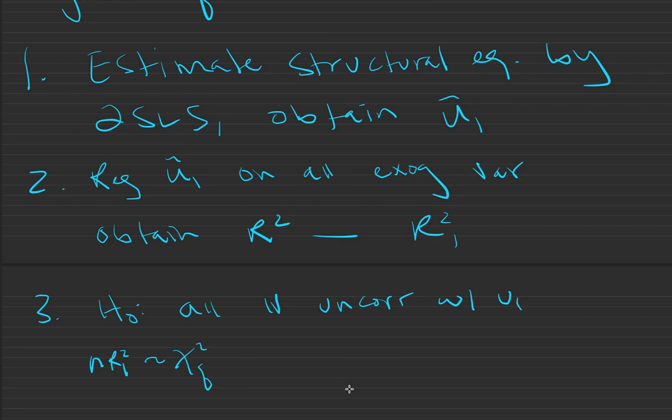So Q is the number of extra instrumental variables.